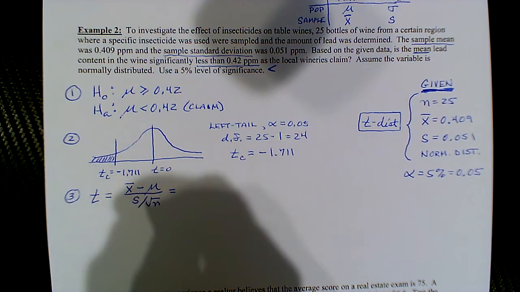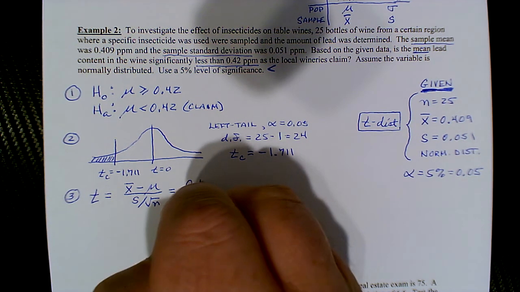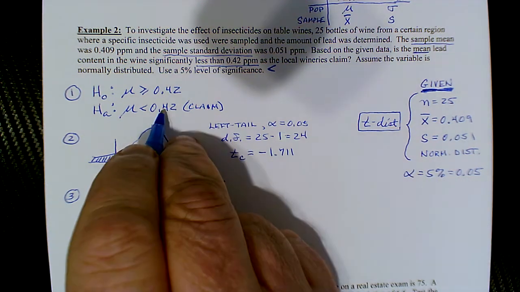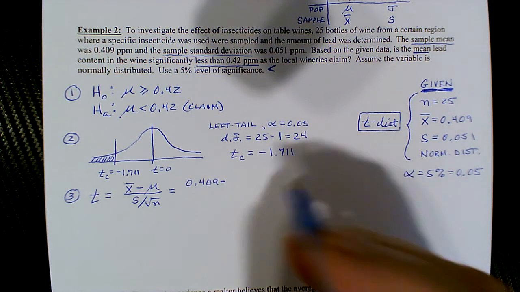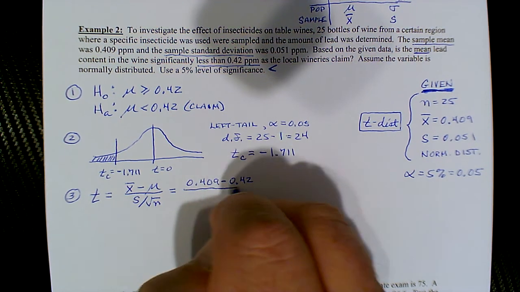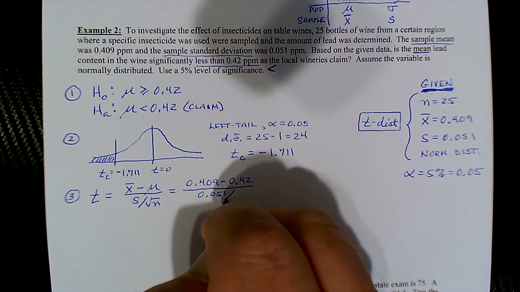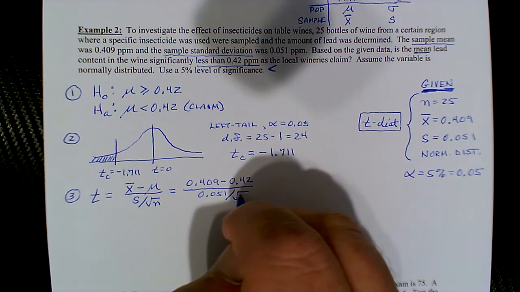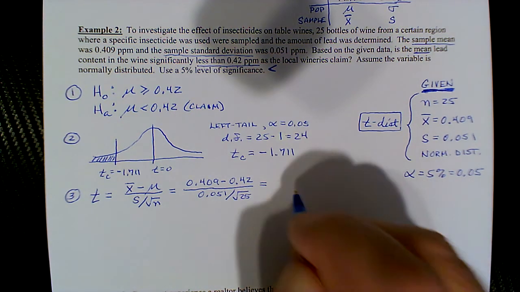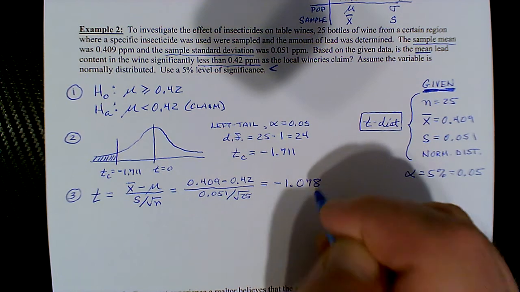And so substituting, we get 0.409 minus, okay, mu is always the hypothesized population mean, 0.42 in this case, all over s, which was 0.051, divided by the square root of n, which was 25. Calculating that, we get negative 1.078, and then we make our decision.